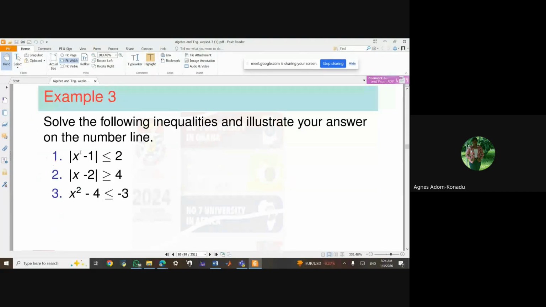Okay, for example, we want to solve the following inequalities and illustrate our answers on the number line. To solve this, from the theory, we have two methods: either square both sides, or use the method where the value will lie between.